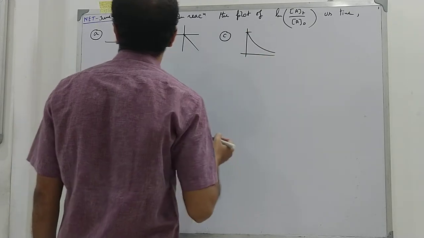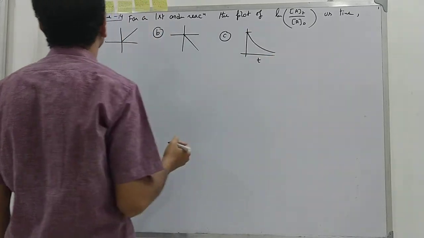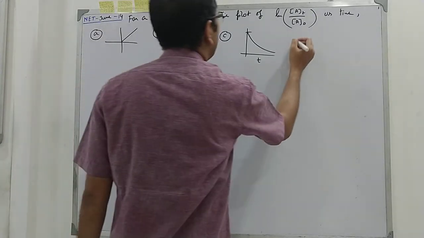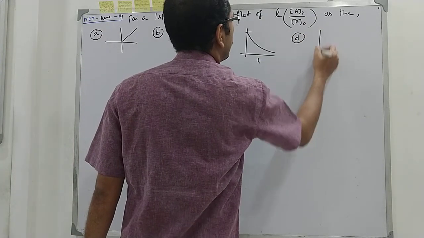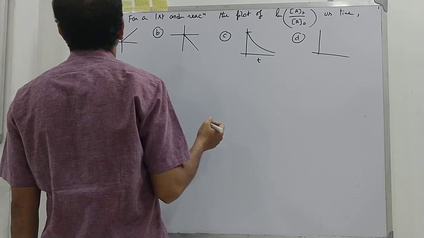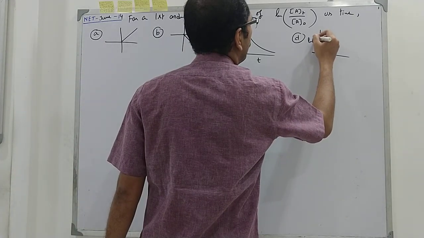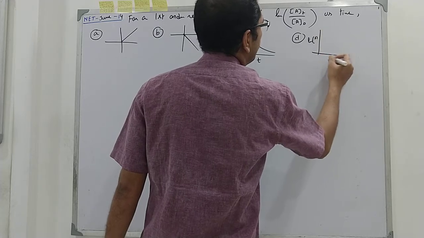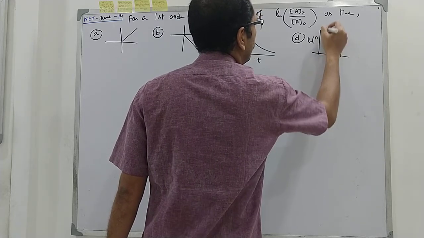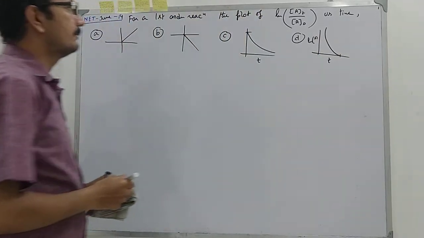So like this one, asymptotic to the time axis, and it is an exponential curve. It is asymptotic to the y-axis, that is towards the ln concentration axis. So what will be the answer?